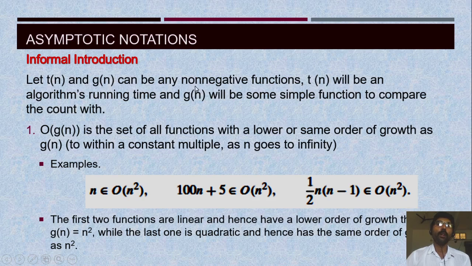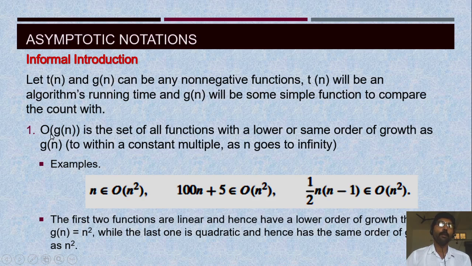And there is one more running time, the function called g of n. We assume that one algorithm is there whose running time is g of n, and we are comparing this g of n with our algorithm's running time t of n.